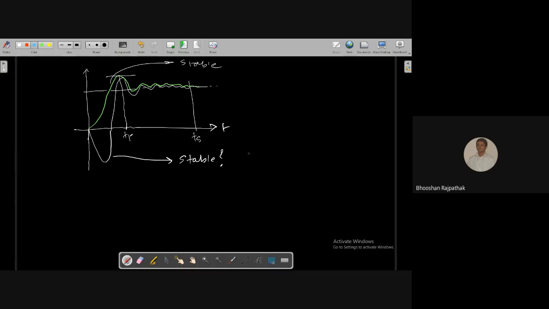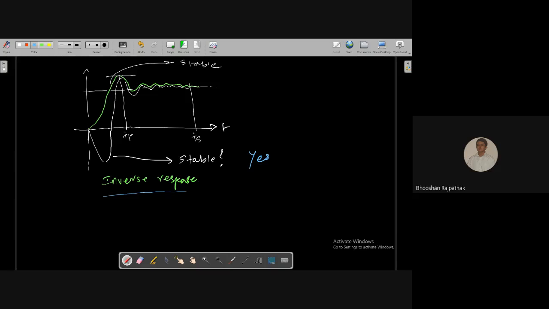So the answer is yes. These systems are also stable. This is called inverse response. Okay, inverse response means you start response from negative direction and then you settle. So I have told you about non-minimum phase systems, right? One peculiarity or special point.